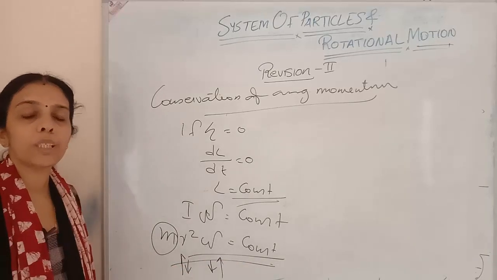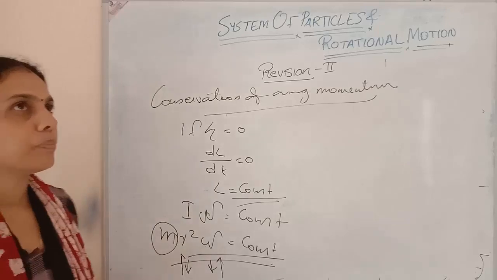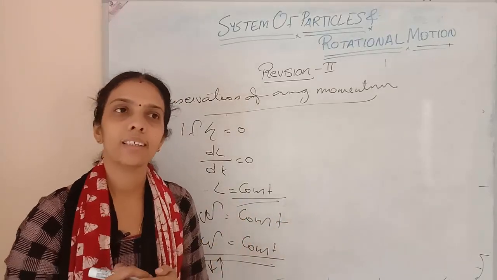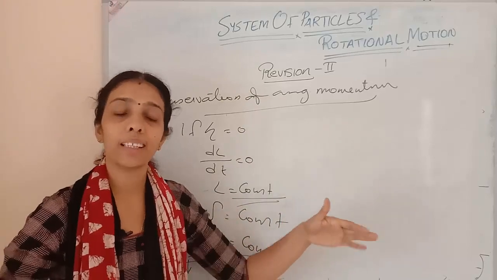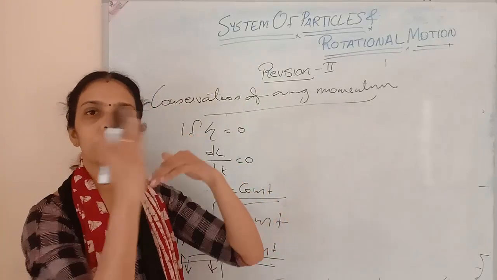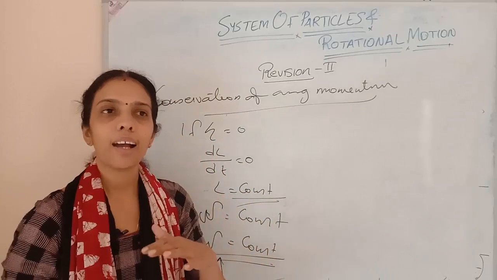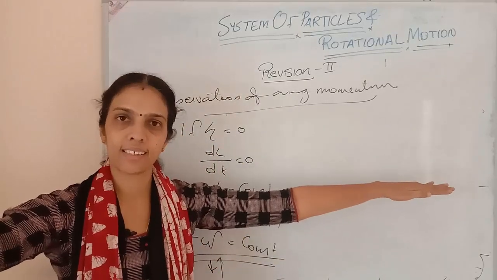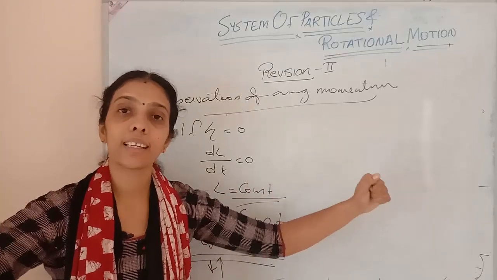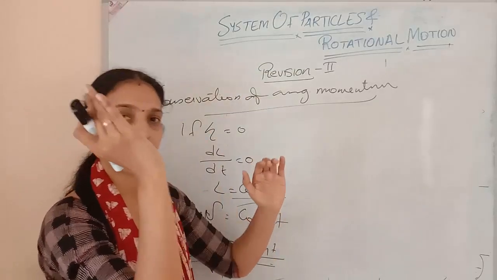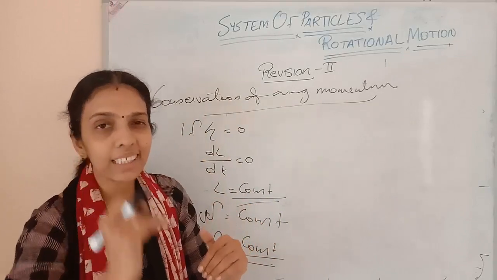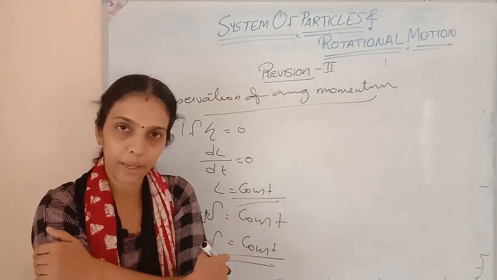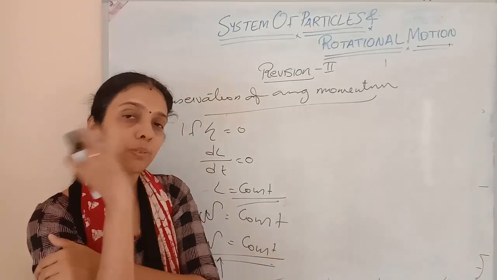So where will we be using this one? See here, in gymnastics and all, while they are twisting like this, at some moment they will be stretching their hands like this, and at that time we can see the velocity of rotation decreasing. While they are holding their hands together with them, then the velocity will be increasing.